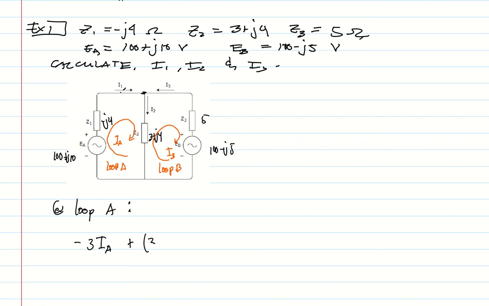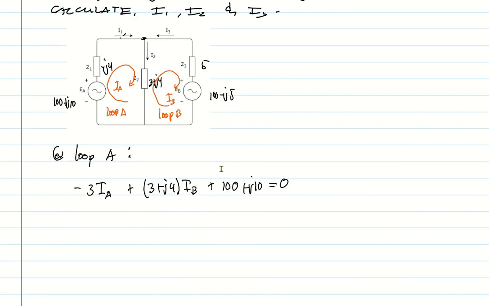So that impedance is 3 plus j4 multiplied by IB. Lastly, the voltage should be positive: positive 100 plus j10 equals 0. We can simplify this by moving negative 3 IA and IB to the other side. It becomes positive 3 IA, then negative 3 plus j4 IB, and we retain the 100 plus j10. This will be our equation 1.